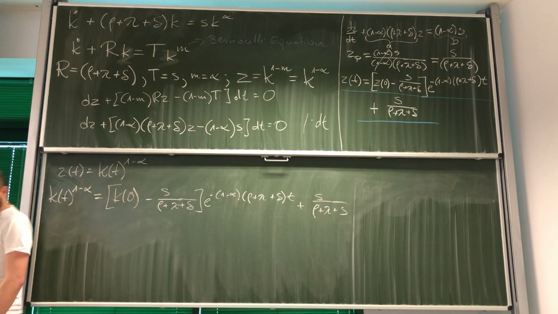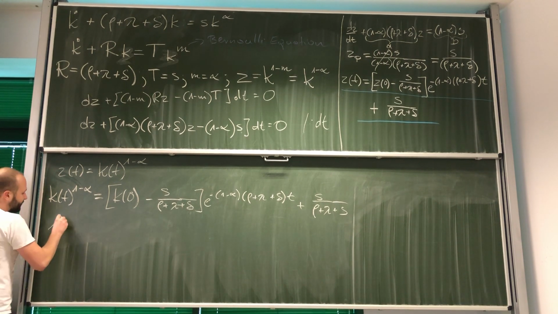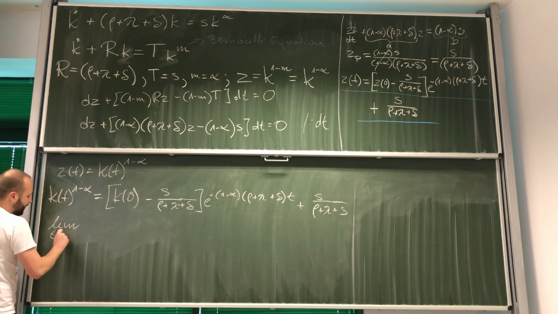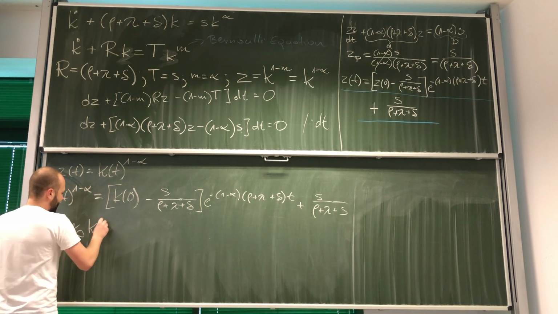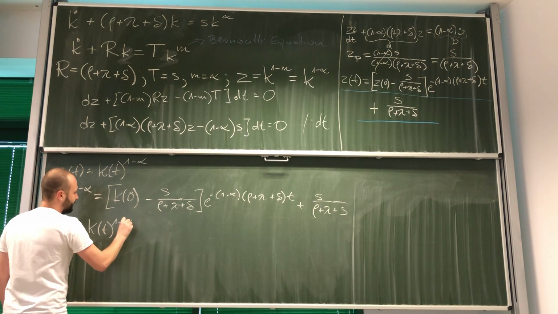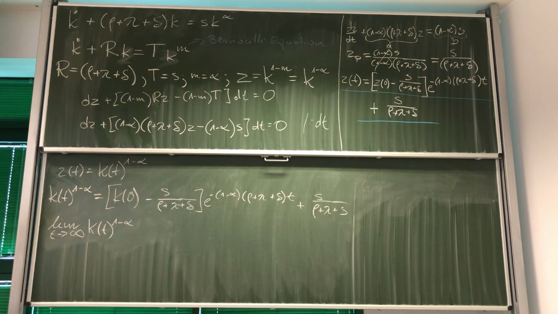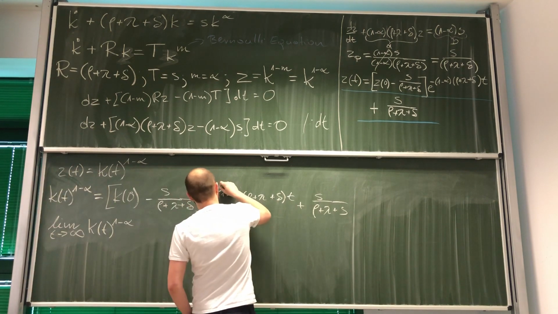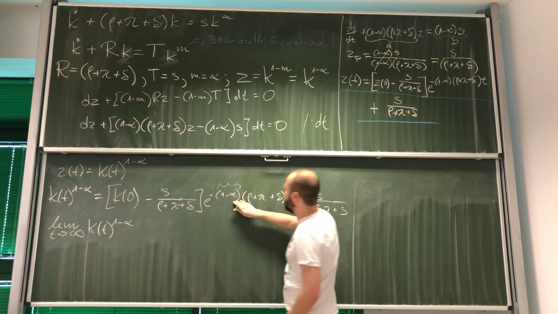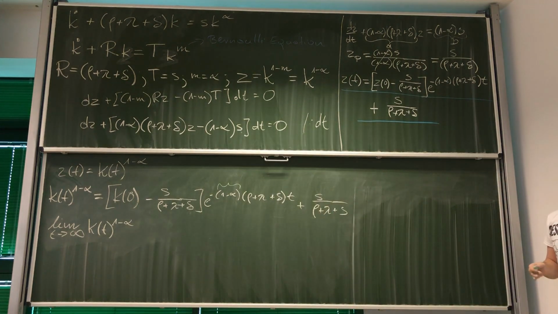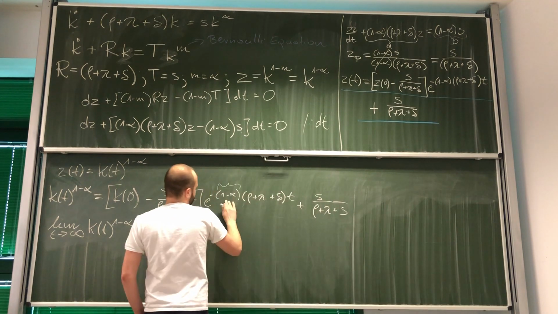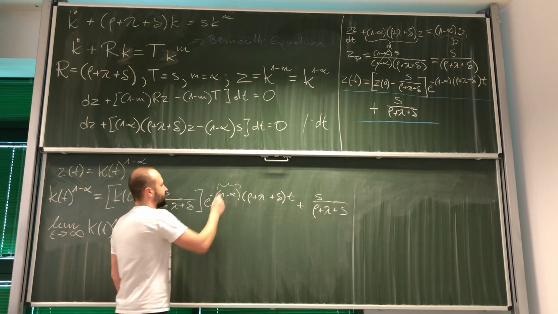Okay, and look, now we can very easily calculate whether the convergence takes place over here. All we need to do is to calculate the limit with t approaching infinity of k of t to the power 1 minus alpha. And look, we know that alpha is always between 0 and 1. This is a standard assumption with Cobb-Douglas production function and constant returns to scale. So this expression, of course, is positive.